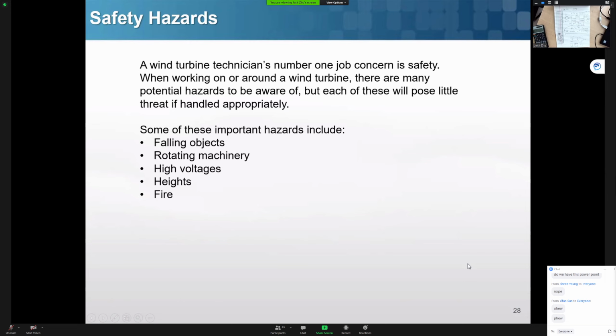Working on a wind turbine, you guys saw the video. It's tall, it's high, and you have a crawl space. So there are lots of safety hazards related to working there. But you will usually have proper training, and you need to get proper training to work on those.